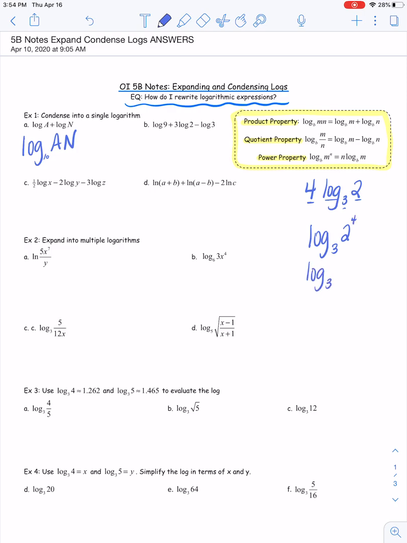Log base 3 of what's 2 to the fourth power? Well, that would be 2 times 2 is 4, times 2 is 8, times 2 is 16. Right? 2 squared, 2 cubed, 2 to the 4.